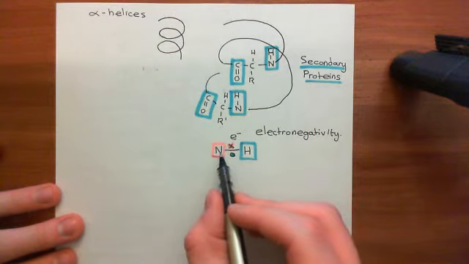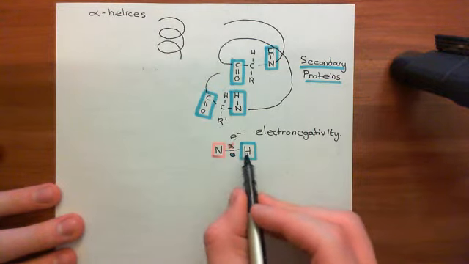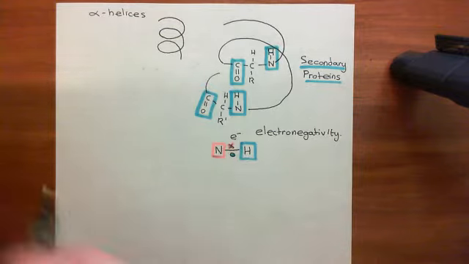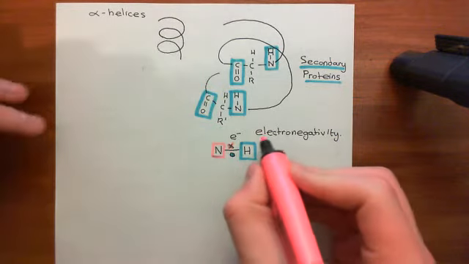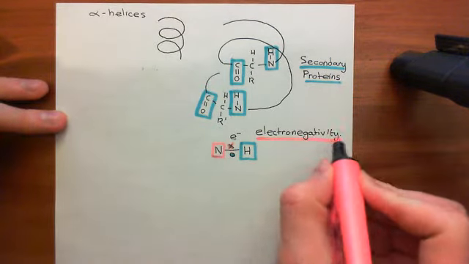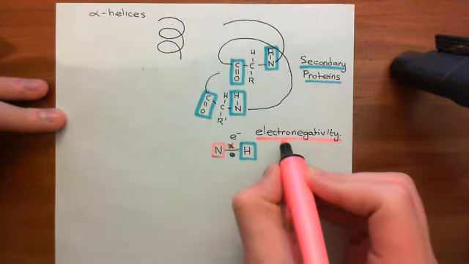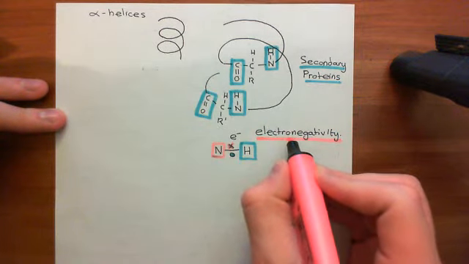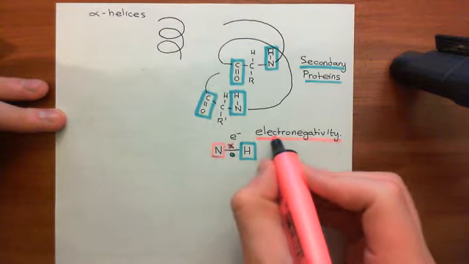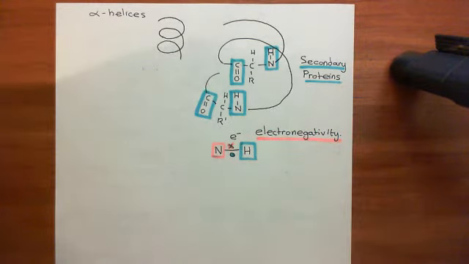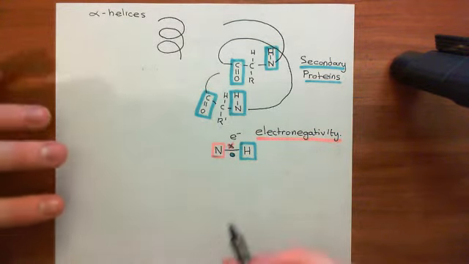So these electrons do in fact sit towards the nitrogen and away from the hydrogen. We would say in this big word language that nitrogen has a greater electronegativity than hydrogen, which means it's better at pulling electrons towards it than hydrogen is.